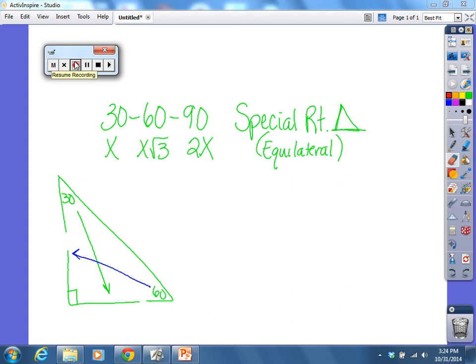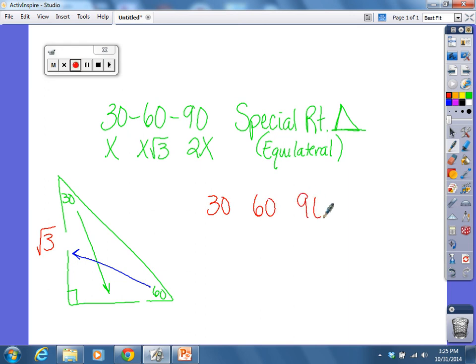I think a popular one that was missed in class was when you had a homework problem that said across from the 60 was the square root of 3. Well, guess what? That still follows the 30, 60, 90 rule with my formulas, x square root of 3 and 2x. And if it's across from my 60, then I have square root of 3.